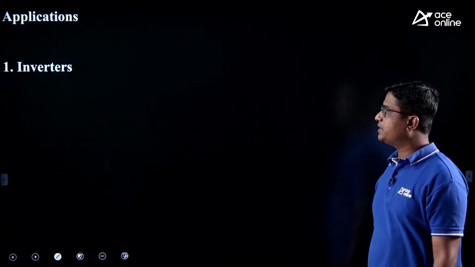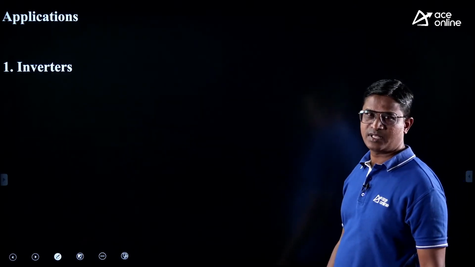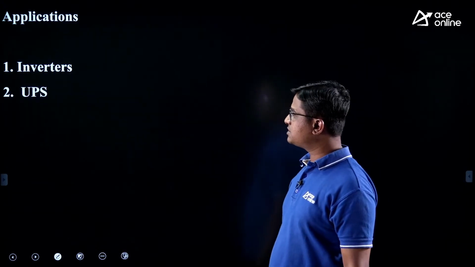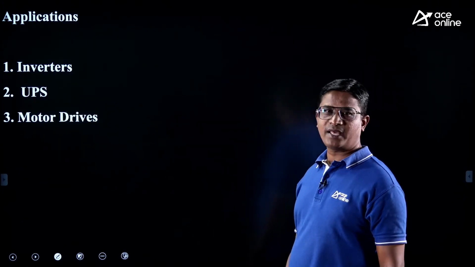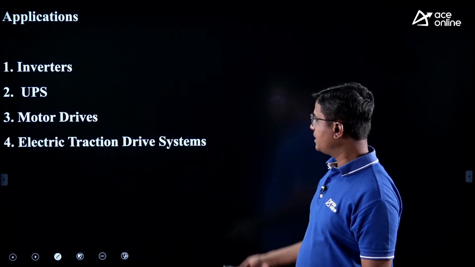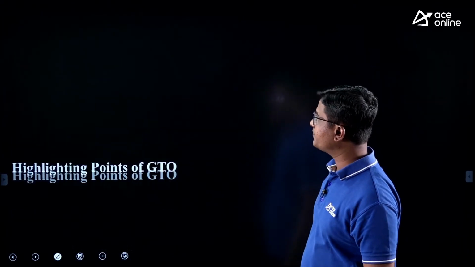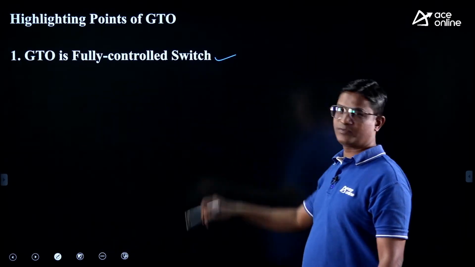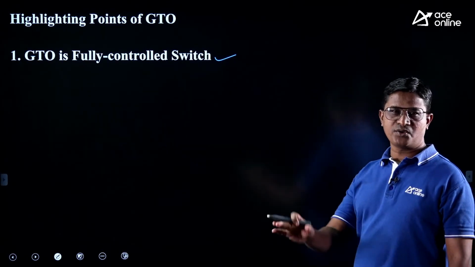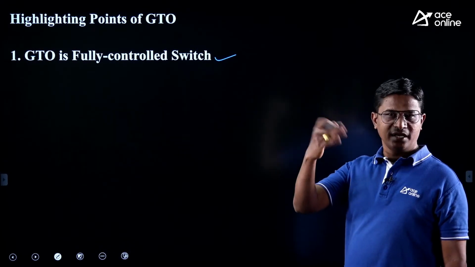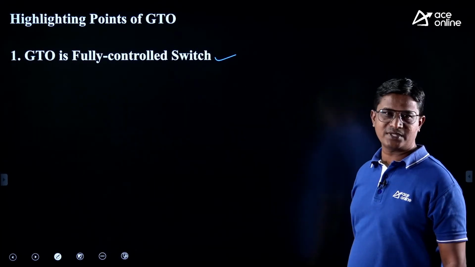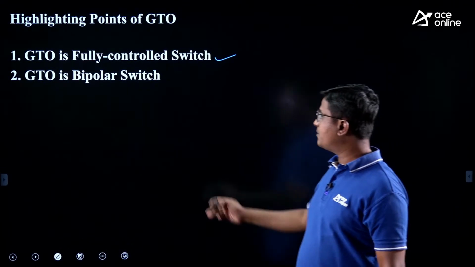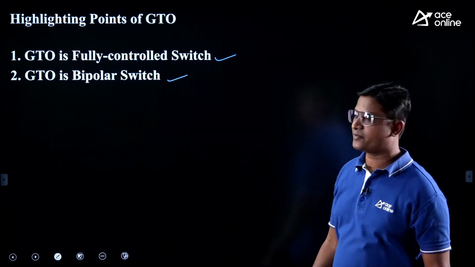Highlighting points regarding the GTO. GTO is a fully controlled device. Applications: we use GTOs in inverters, uninterruptible power supplies, motor drives and electric traction drive systems. We can turn it on by using positive gate current and turn it off by using negative gate current. It is a bipolar switch like your SCR.